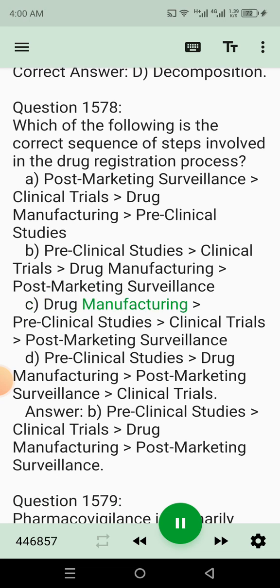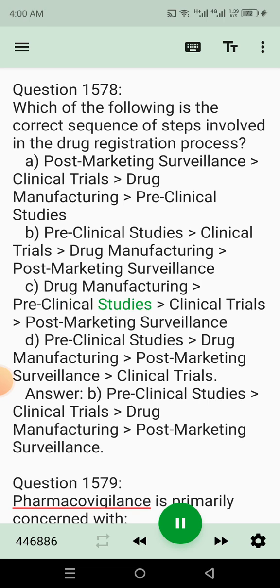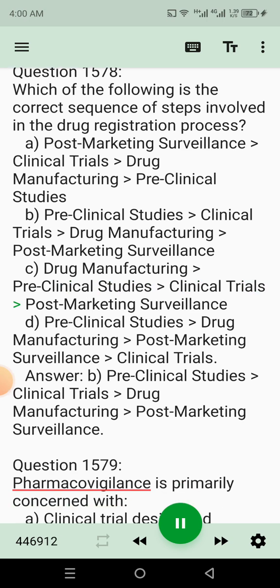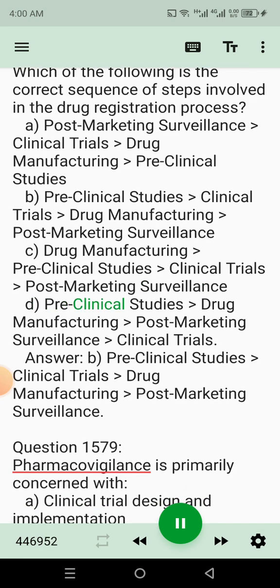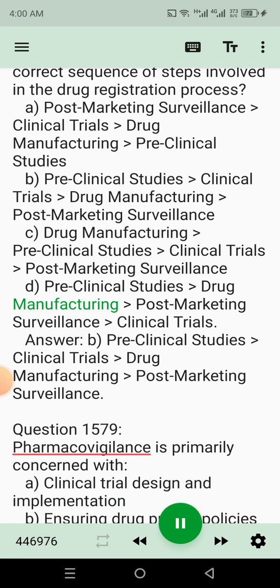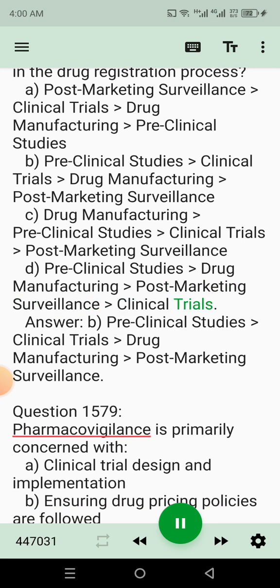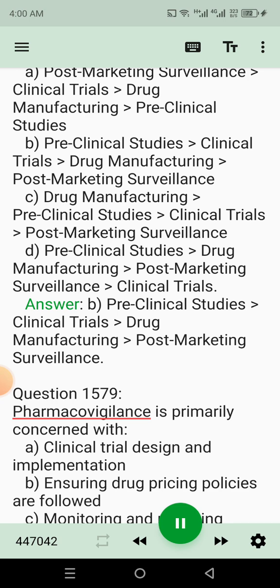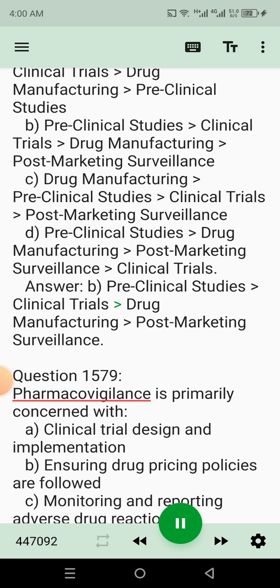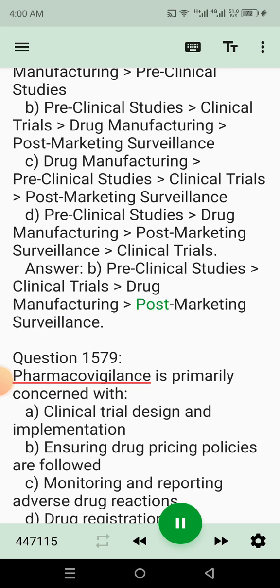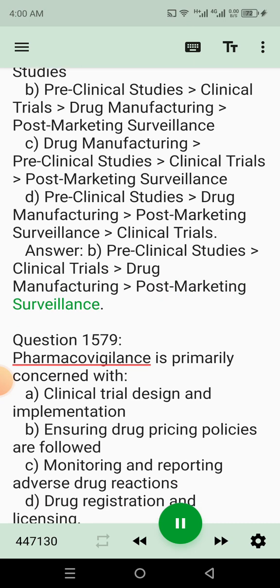C. Drug manufacturing, preclinical studies, clinical trials, post-marketing surveillance. D. Preclinical studies, drug manufacturing, post-marketing surveillance, clinical trials. Answer: B. Preclinical studies, clinical trials, drug manufacturing, post-marketing surveillance.